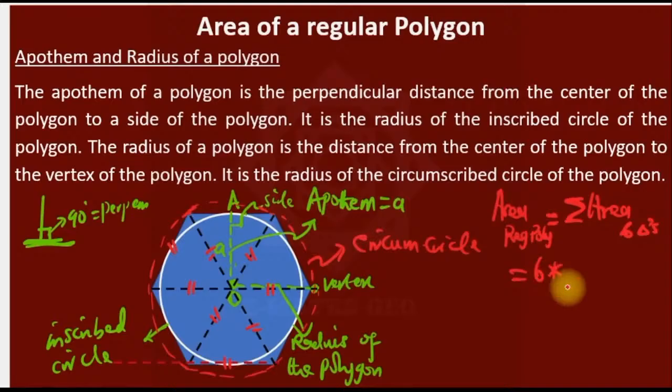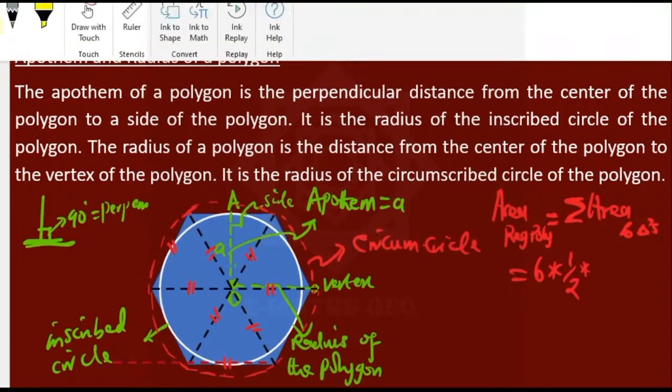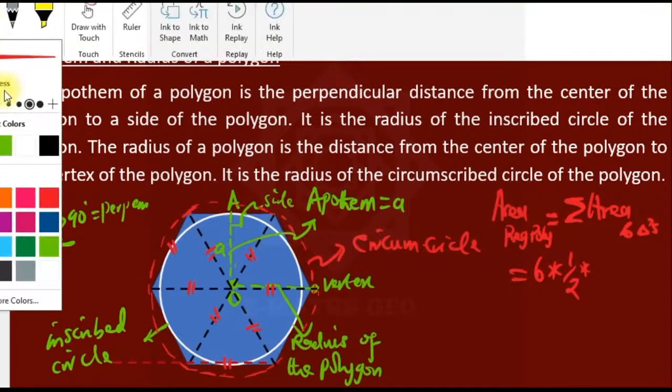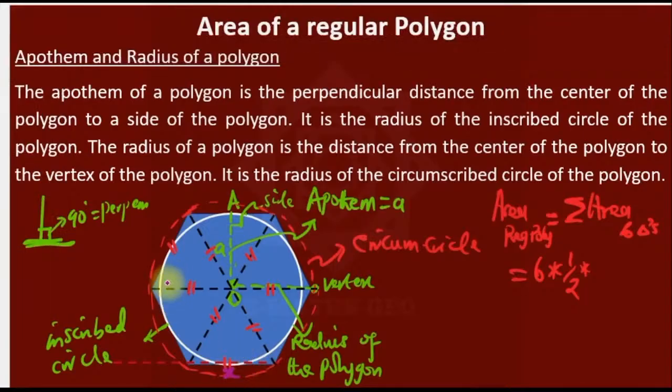The base, let me call the side of this triangle, that's the polygon, let's call it x. So this side is x, this side is x, this is also x. So the side of the triangle or the side of the polygon is x.